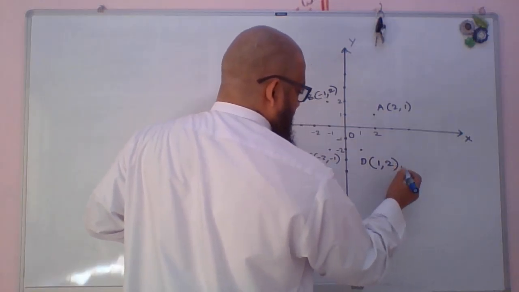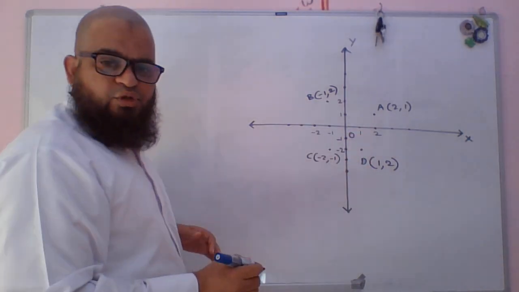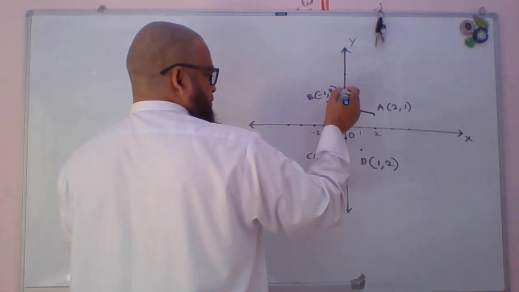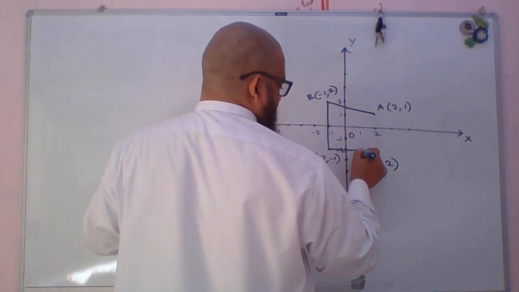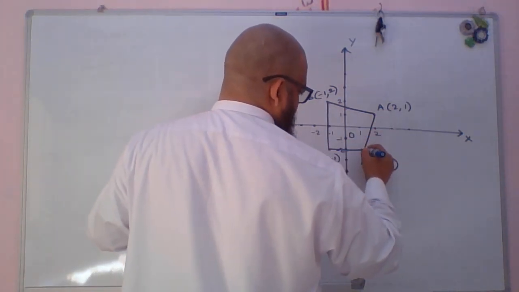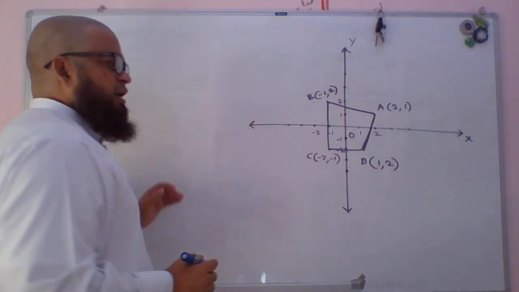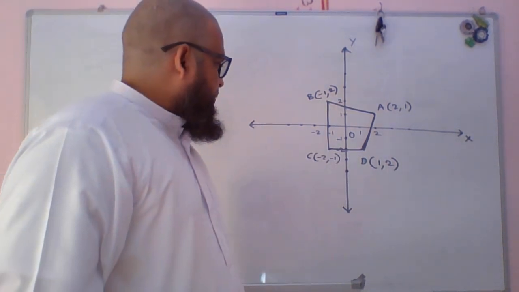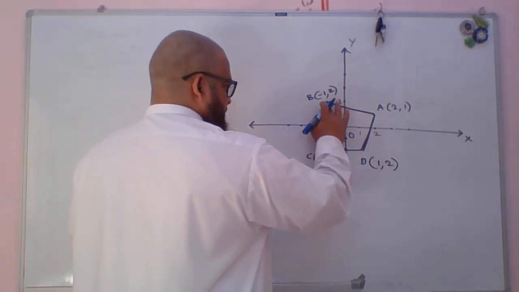So if I join, I have to join in the same order, right? A, B, C, and D. So does it look like a square? No, it doesn't, right? Hey, wait, I have made a mistake.